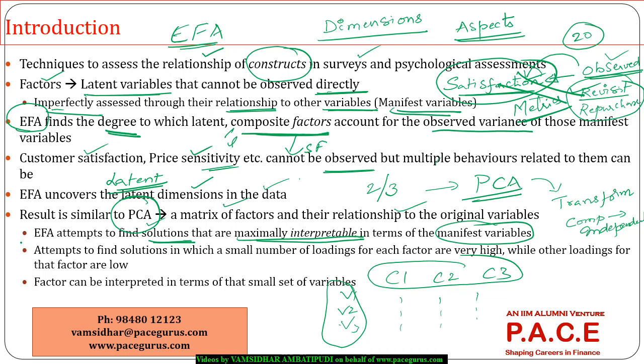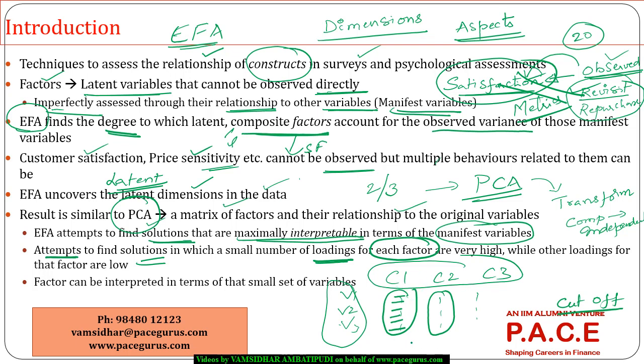So that is where I am saying exploratory factor analysis is looking at the solution with a small number of loadings for each factor. I will not look at all the loadings for each factor, every variable on every factor. I'm not looking at that. Here I'm looking at some kind of cutoffs where I typically see a small number of loadings on each factor.